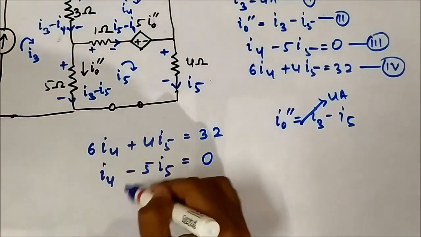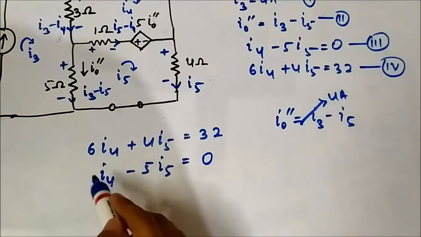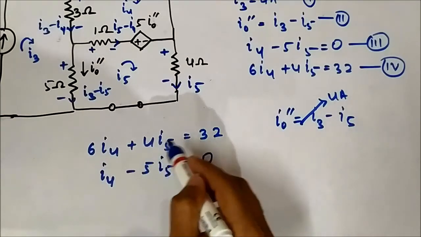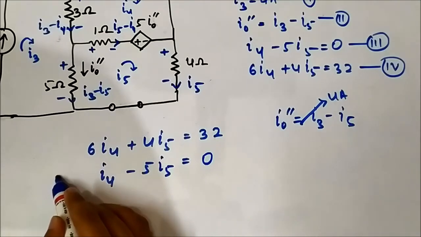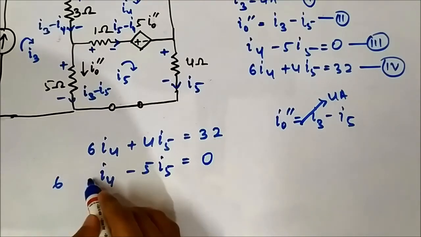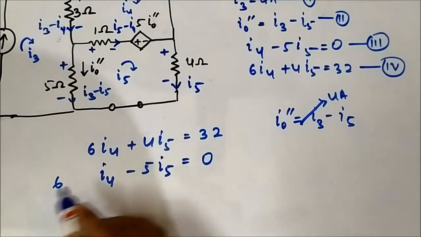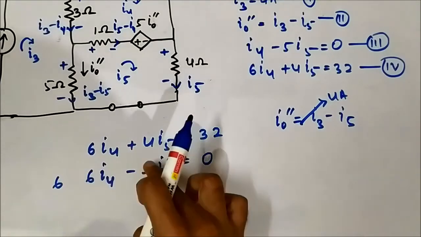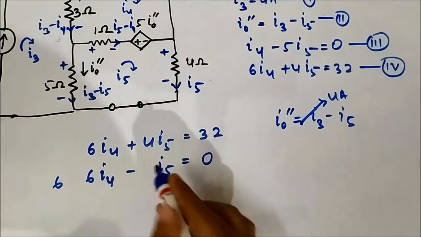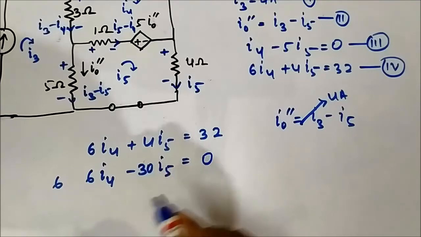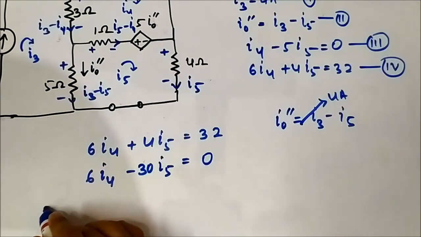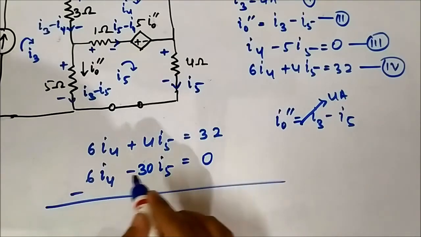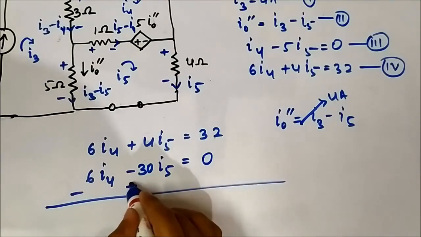So we have to figure out a way to eliminate I4 so that we can get the value of I5. So here if we multiply 6 in this equation, it will become 6 I4, 30 I5 is equal to 0. 6 into 0 is 0. Now we'll subtract it, minus will become plus.